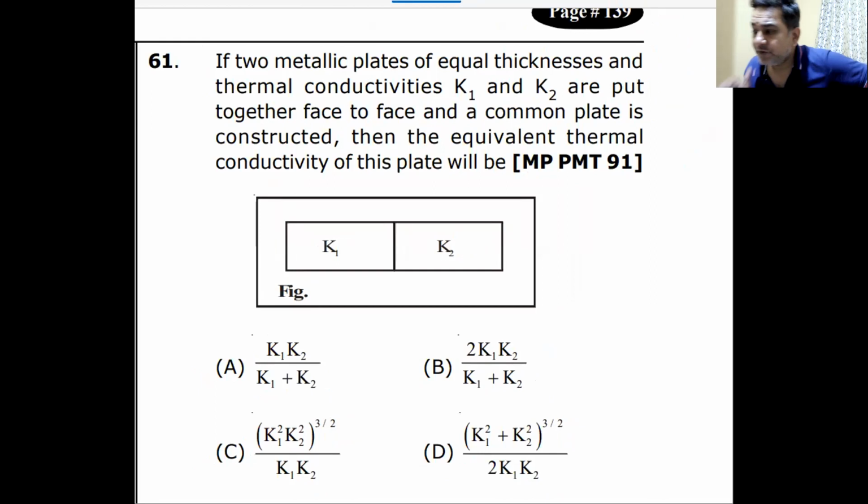If two metal plates of equal thickness and thermal conductivities K1 and K2 are pushed together face to face, and a common plate is constructed, what is the equivalent thermal conductivity of this plate? K1, K2. What is the equivalent thermal conductivity of this plate?